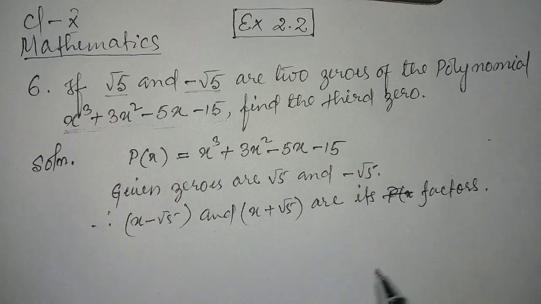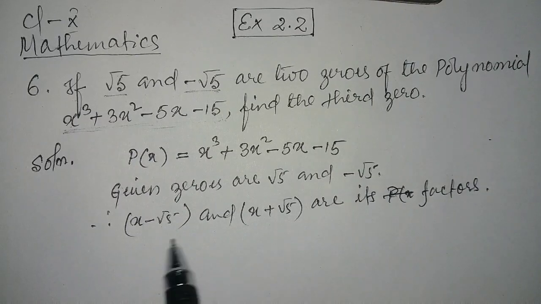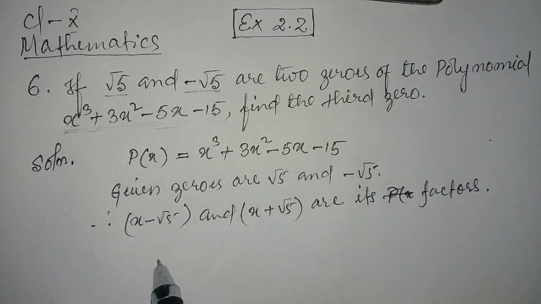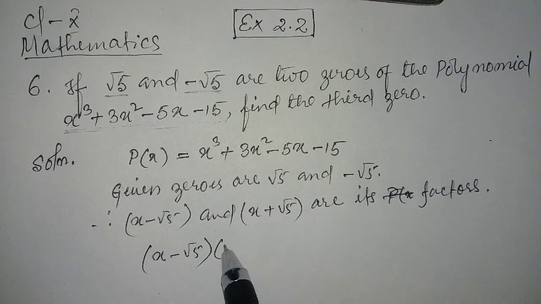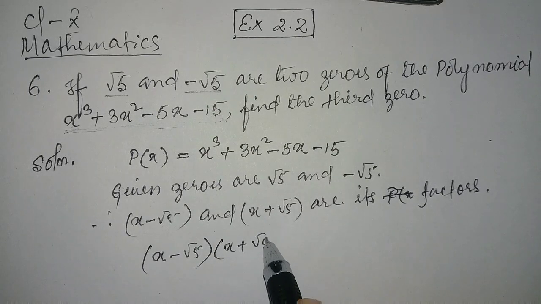So now the next step is we're going to multiply these two factors, x minus root 5 into x plus root 5.